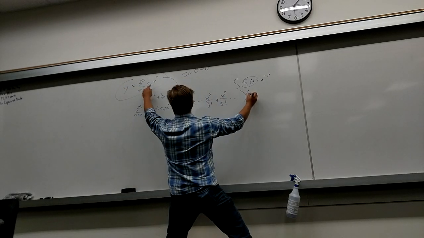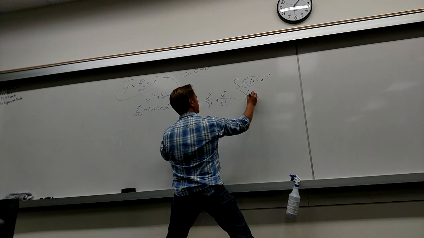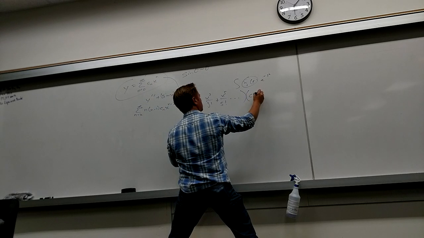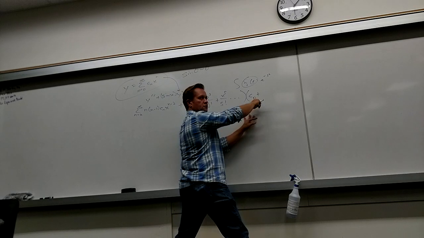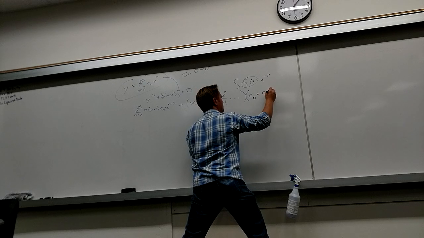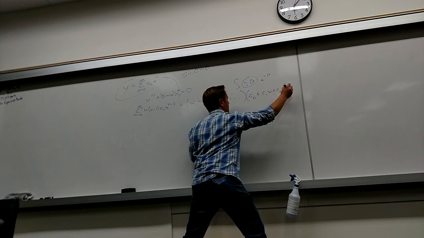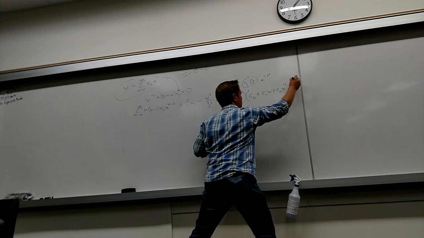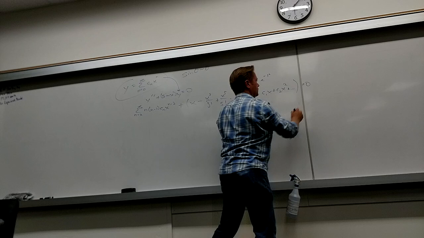So what's the first term here? N equals 0: c0. The awesome thing is, this matches with the power of the x. So it'll be plus c1 x plus c2 x squared and so on, equals 0.